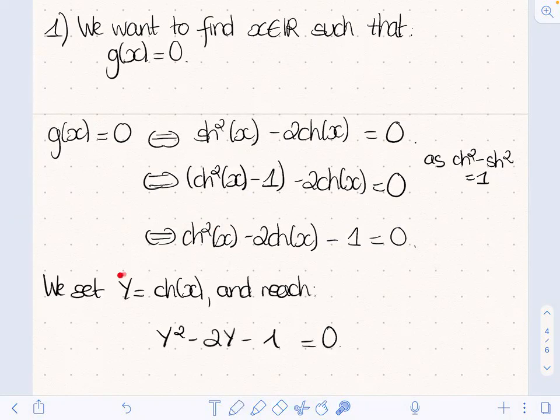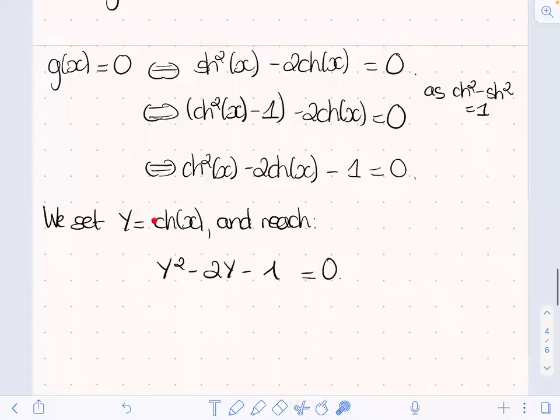One thing that is important to note is that we can do this operation as hyperbolic cosine is basically invertible. I think it's a bijective function, so it doesn't really matter whether you find a value for CH of x or x. You can always pass from one to the other without any problems.